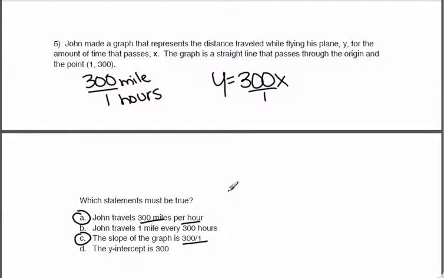The y-intercept is not 300. Remember, that's where it passes through at 0. So it's passing through 300 at 1, and it's passing through at 0, 0. So that y-intercept is not true. And he's not traveling 1 mile in 300 hours. That doesn't even sound like a plane ride. Okay, so make sure you check that as you go.